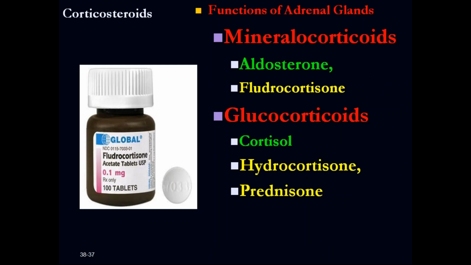The excess of cortisol: imagine the adrenal gland. You have a tumor in the adrenal gland, in the cortex. For some reason, it can produce excess of cortisol. That is called Cushing disease.